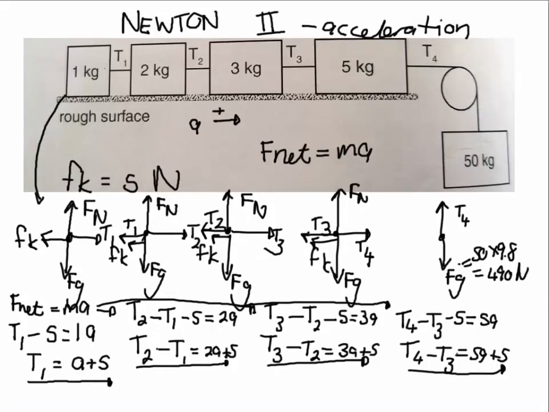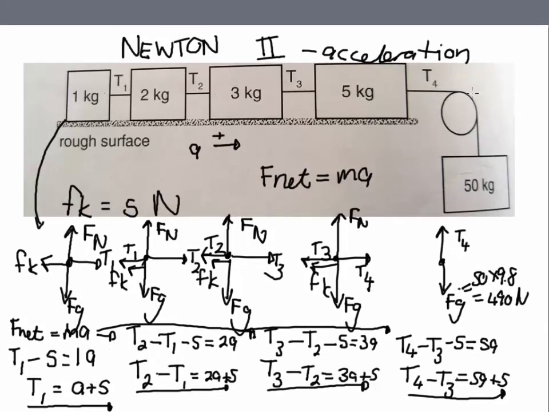And now I'm just going to move up a little bit so we can do this last one. Here, remember the block is not on the surface, it is accelerating downwards. I'm going to take downwards positive as well. So if I use F net equals MA for my block, it's going to be FG minus T4 is equal to MA, and M's value here is 50 times A. I've already calculated FG, and I know that it's 490 Newton.